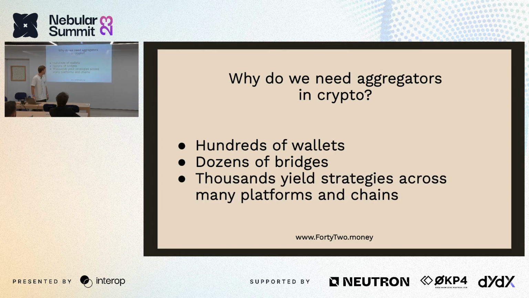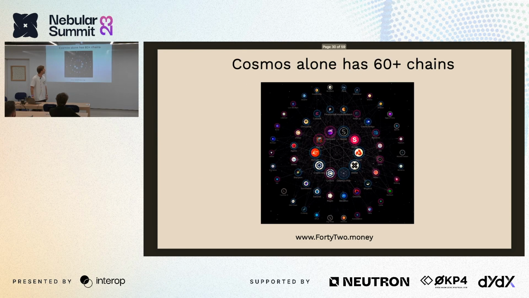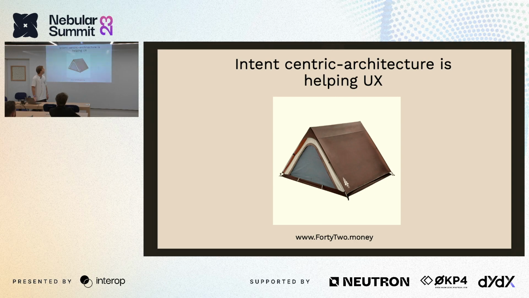And there are thousands of strategies across many platforms and chains. Cosmos alone has 60 plus chains, and that's not even looking at some of the bigger ecosystems out there. A lot of intent-centric architecture is super hyped up right now, and that revolves to a large degree around looking at what a user is doing: if a user says, I want to go from A to B, all the funny stuff in the middle happens automatically for them.